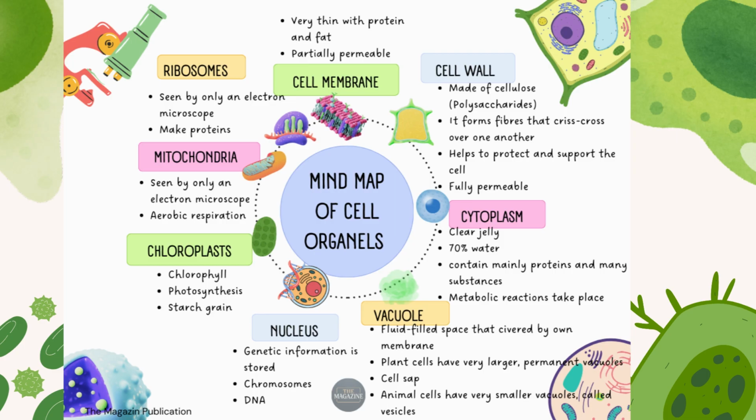Here you can see the mind map related to the organelles. Everything I have included here. First, let's see the cell membrane. The cell membrane we can see in both animal and plant cells, and it is a very thin membrane including protein and fat, and it is a partially permeable membrane.